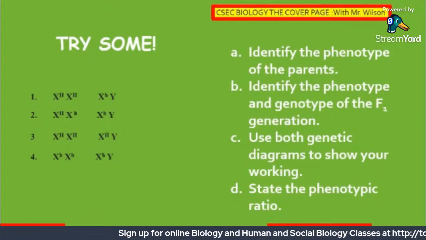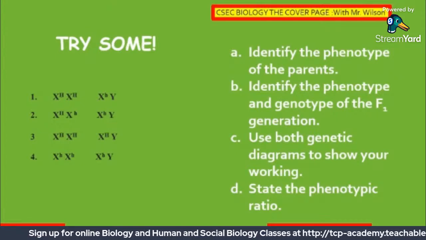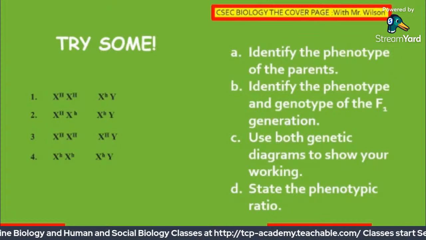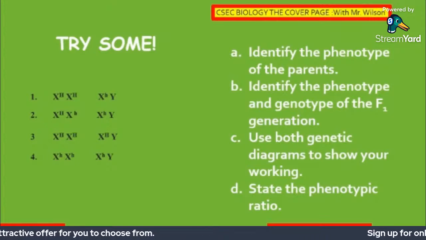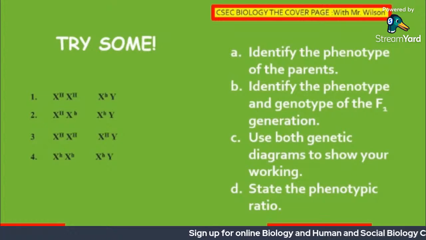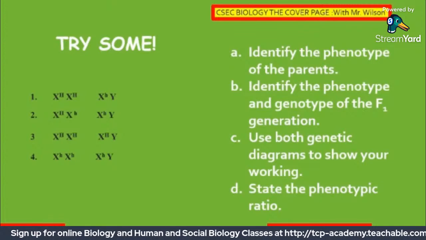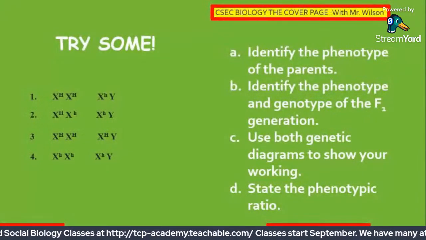Now you're supposed to identify the phenotype and genotype of the F1 generation, and the F1 generation stands for the first filial generation. That's the first set of offspring. Then you are supposed to use both genetic diagrams to show your working, which means that you're going to be using the genetic cross that we have used, and you're going to be using the Punnett Square to solve. Both you're going to be using to ensure that you have mastery of both. Then you're going to state the phenotypic ratio for your F1 generation.